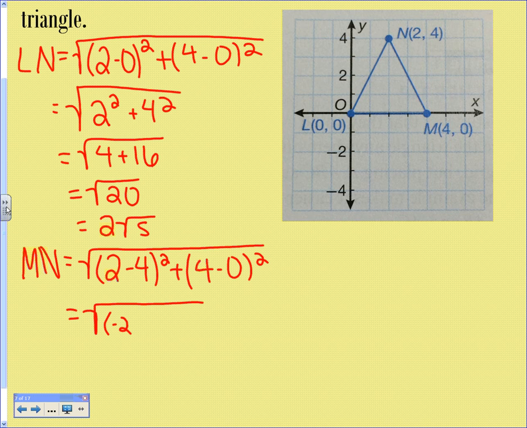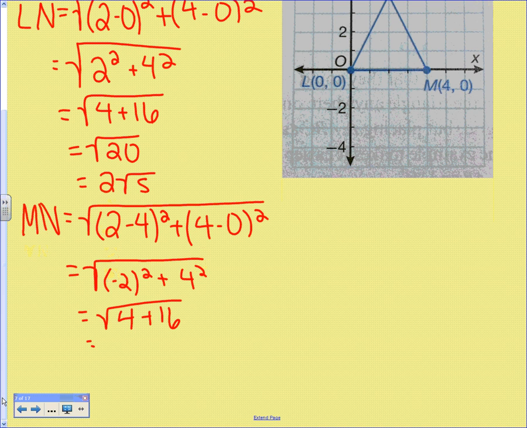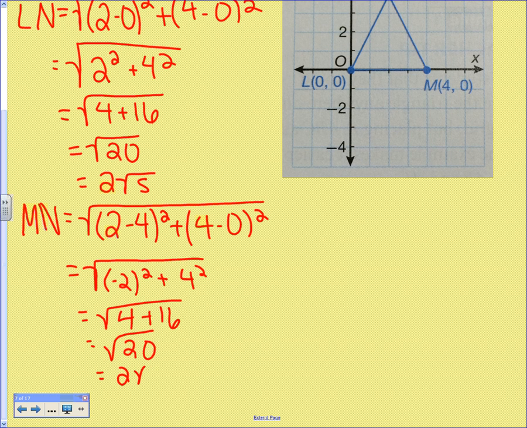Okay, so negative 2 squared plus 4 squared. What is negative 2 squared? Plus 16. Square root of 20, which is 2 square roots of 5.